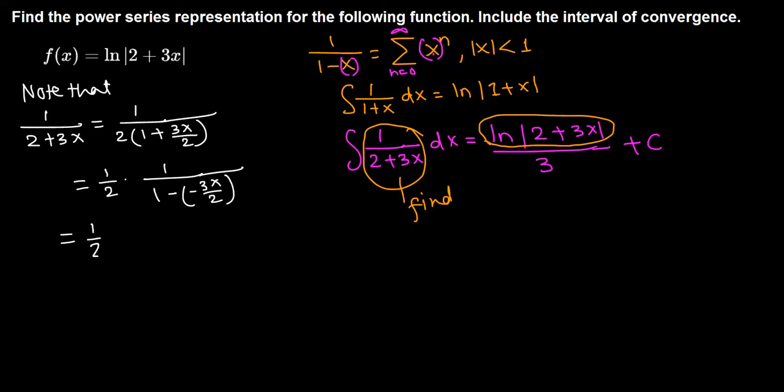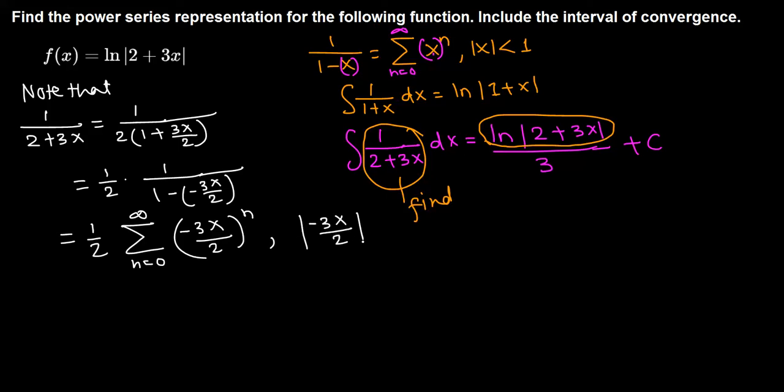With this 1/2, and using this rule, we get the sum from n equals 0 through infinity of negative 3x over 2 raised to n. And this is valid for the absolute value of negative 3x over 2 less than 1.